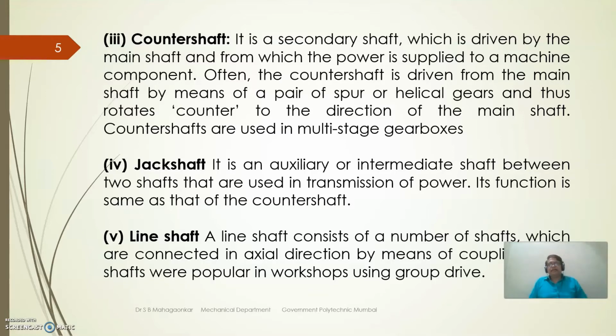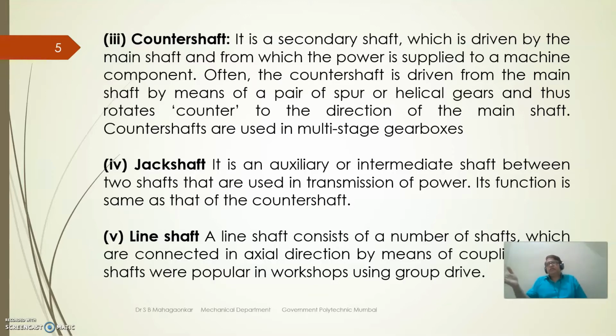It's coaxial. Generally a shaft has a length of around 6 to 7 meters. Okay. So I cannot get a 10-meter shaft directly, right?